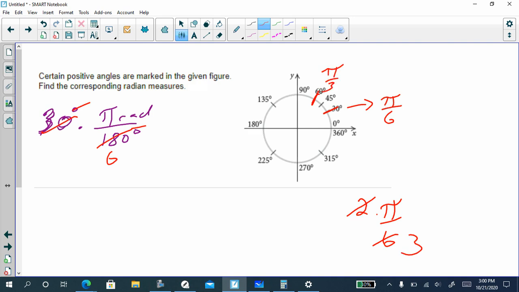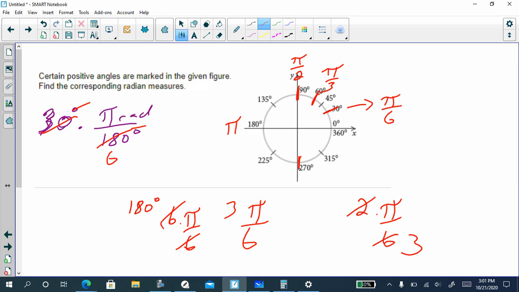That's the radian equivalent of 60 degrees. 90 is 3 30s. So 3 pi's over 6, which would reduce to pi over 2. 180, that's 6 30s, so 6 pi's over 6, or just pi, which we knew already, hopefully.